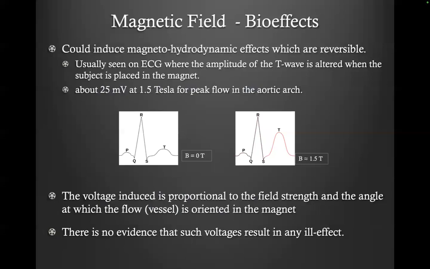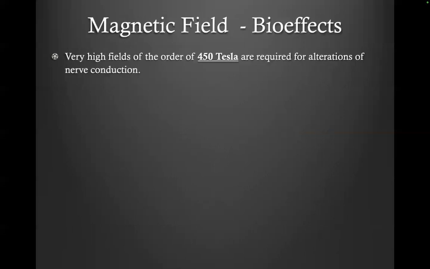But it's not a big deal because as soon as the person walks out of the magnet, it's reversed. This induced voltage is proportional to the field strength and the angle at which the aorta or the vessel is oriented in the magnet. And there's no evidence that such voltage results in any ill effect.